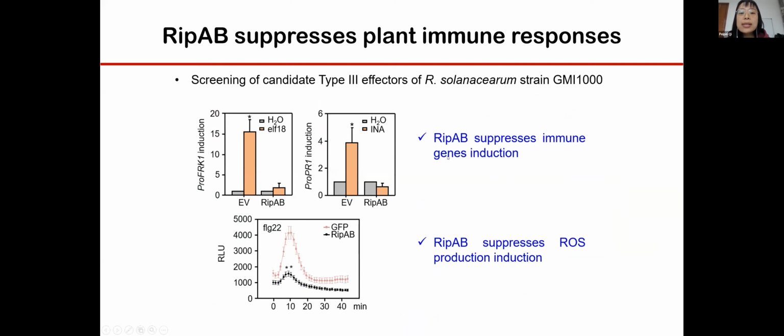And we found the core effector RipAB could significantly suppress the flg22-induced FRK1 and SA analog BTH-induced PR1 induction in Arabidopsis protoplasts. In addition, the flg22-induced ROS burst was greatly suppressed in tobacco. So these results suggest that RipAB may influence plant SA and ROS signaling.